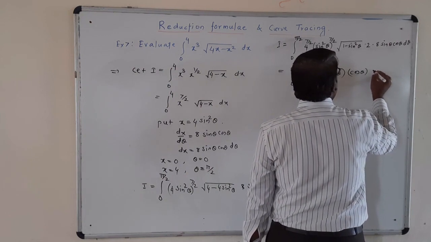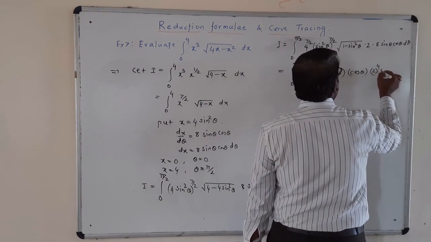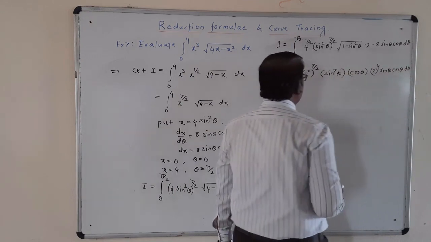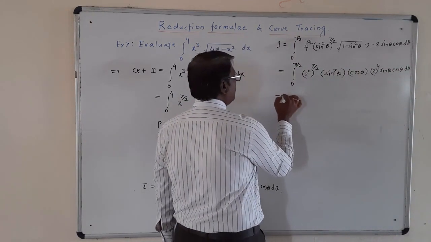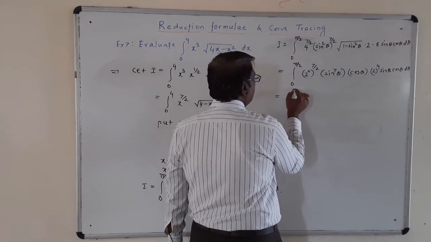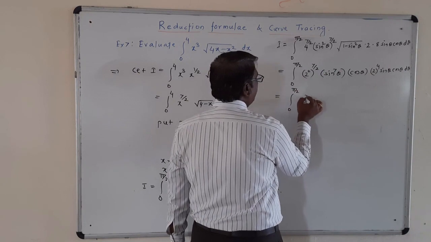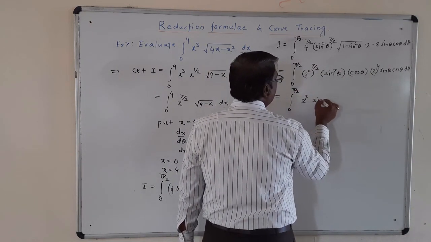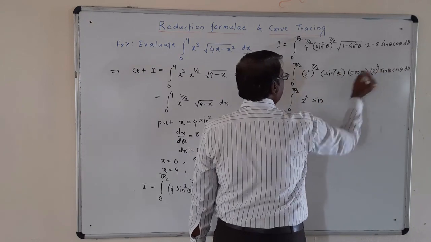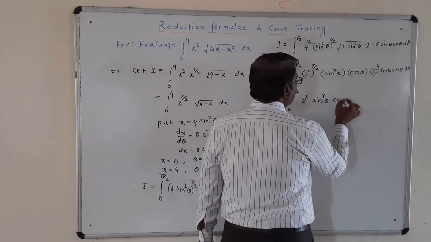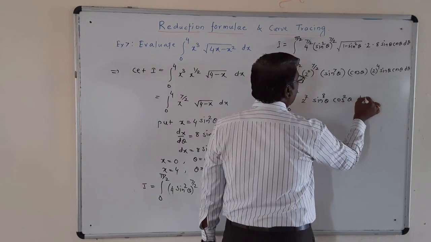So this is nothing but 2 raised to 4 sin theta cos theta d theta. Now here 2 square raised to 7 by 2 will give us 2 raised to 7. And again here it is sin raised to 7 theta and sin theta, it is sin raised to 8 theta. And then cos square theta d theta.